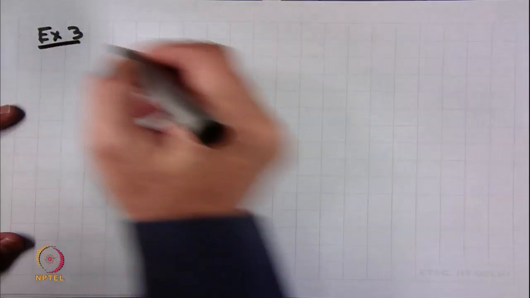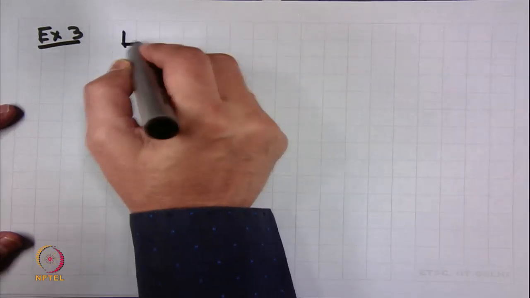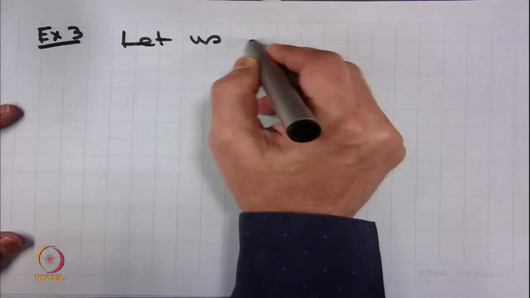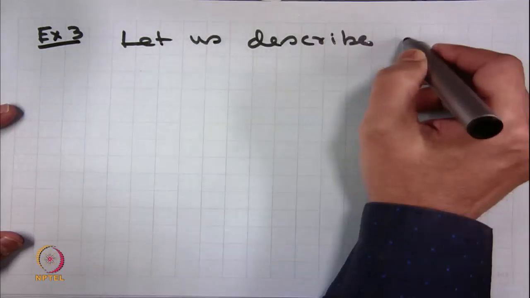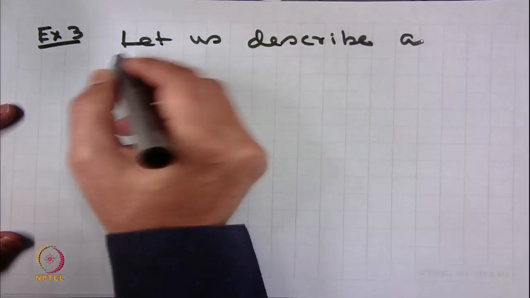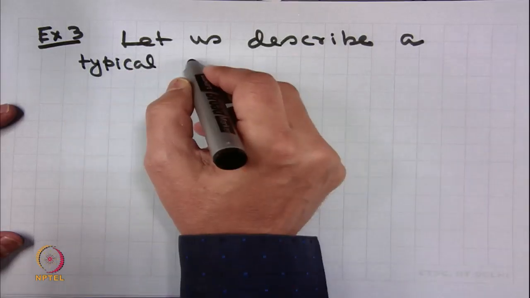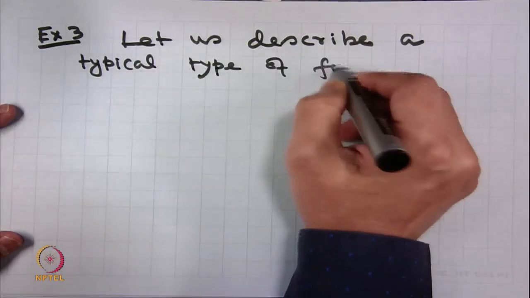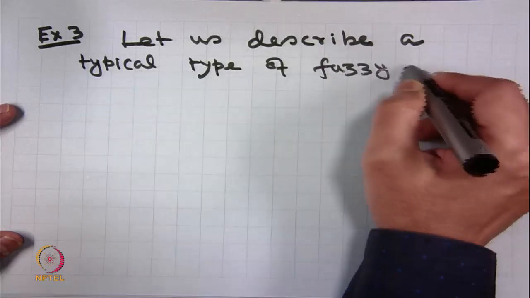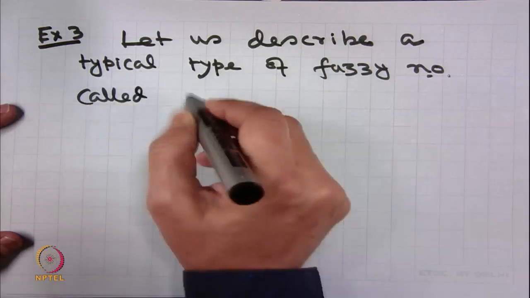Example 3. Let us describe a typical type of fuzzy number called triangular fuzzy number.